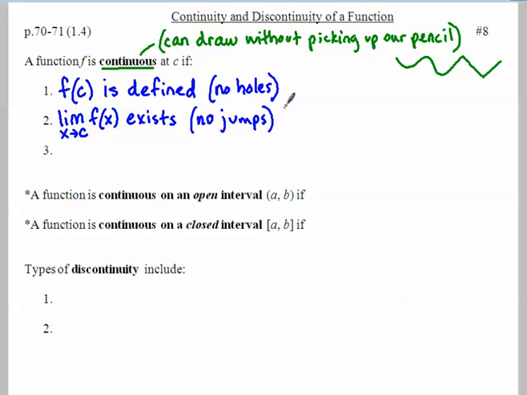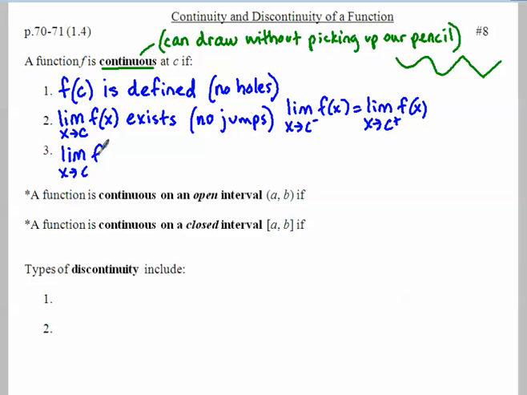For the limit to exist, the limit as x approaches that value from the left has to be exactly the same as the limit as x approaches the value from the right for that function. So no holes, no jumps. The function value is defined, the limit is defined. Then it has to be true that the limit equals the function value.